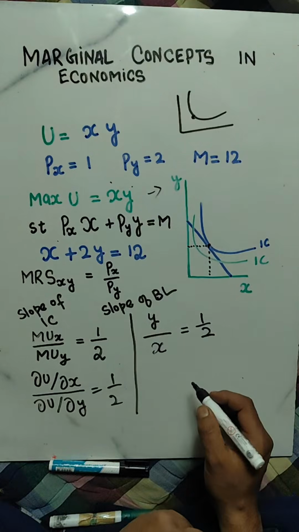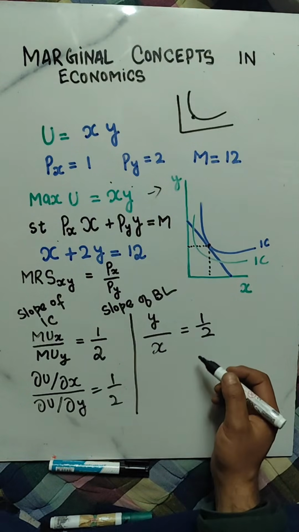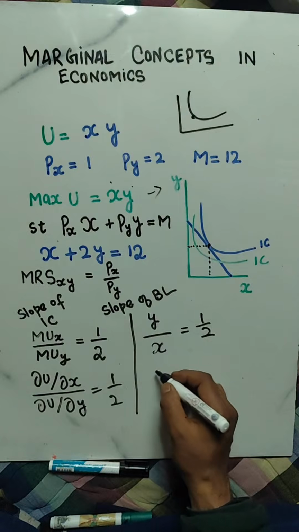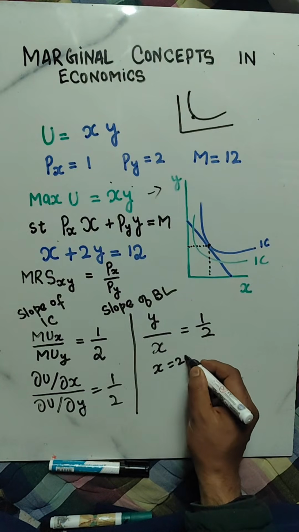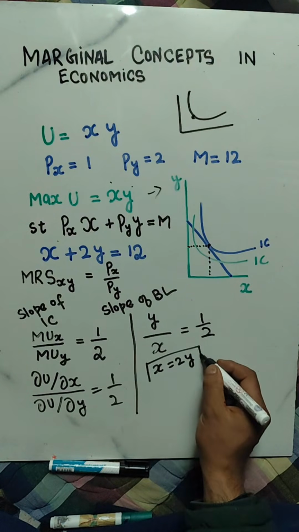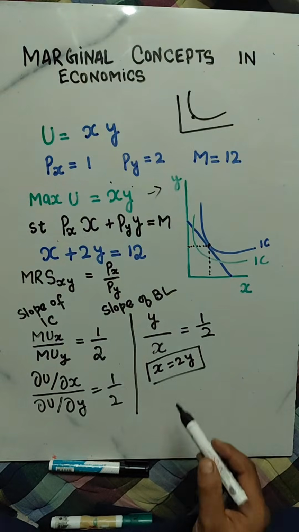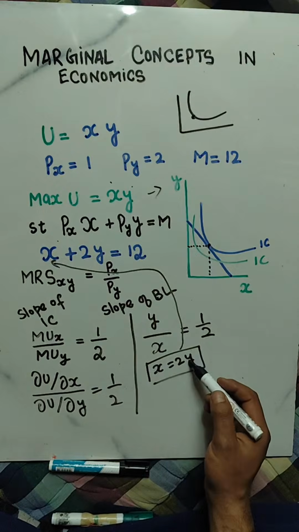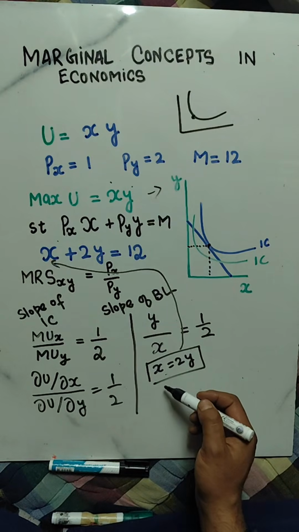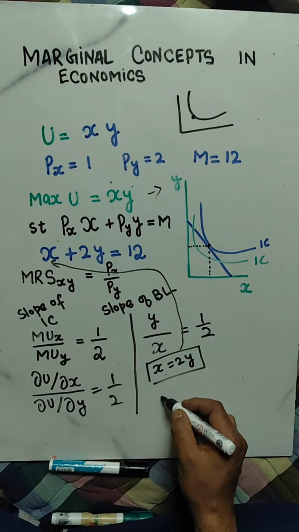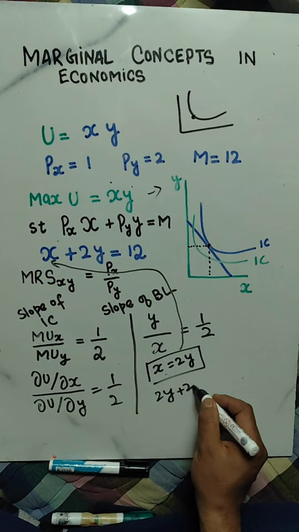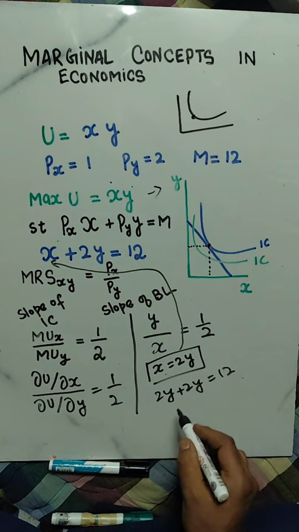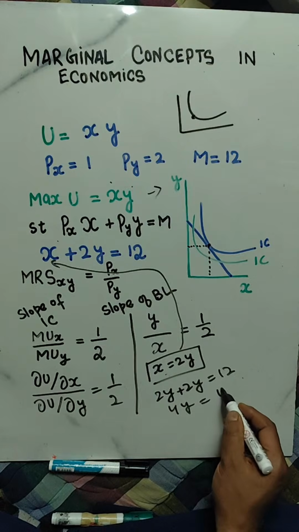Now doing some cross multiplication, we get x equal to 2 times y. Then we plug this value of x into the budget constraint. Since x is equal to 2y, in place of x we write 2y. So we have 2y plus 2y is equal to 12, or 4y is equal to 12.